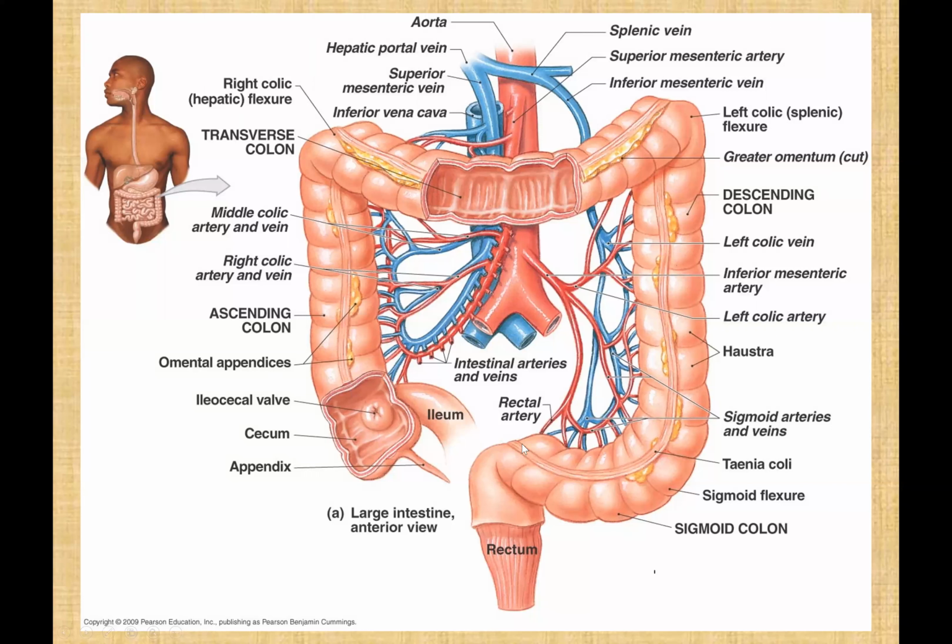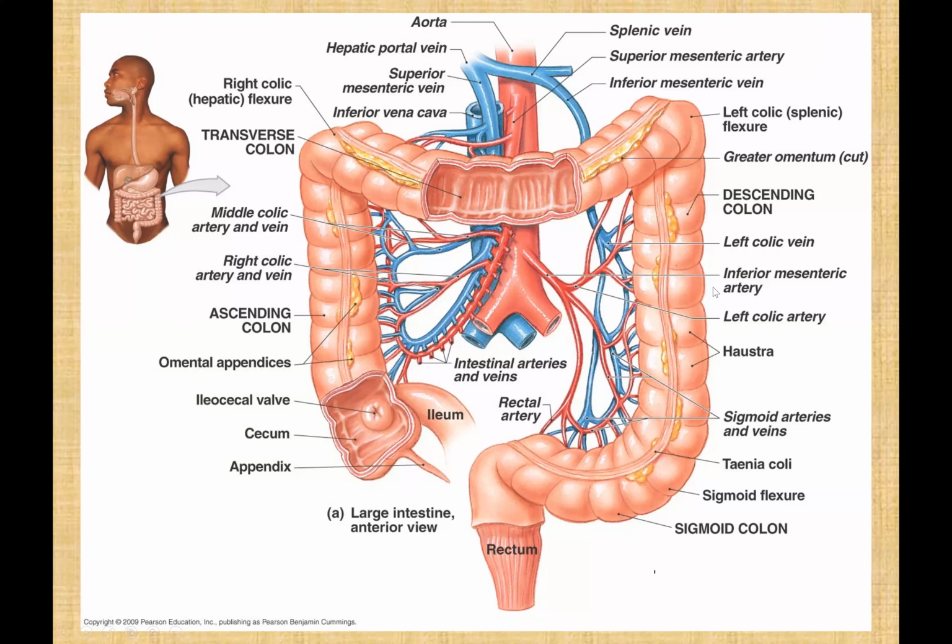So those that will come to the rectum will be known as the rectal arteries. And those that will come to the sigmoid colon will be known as the sigmoid arteries. And those that go to the transverse colon are the transverse colon arteries. Depending on how the blood vessel branches profusely to supply them, the names are given as such.